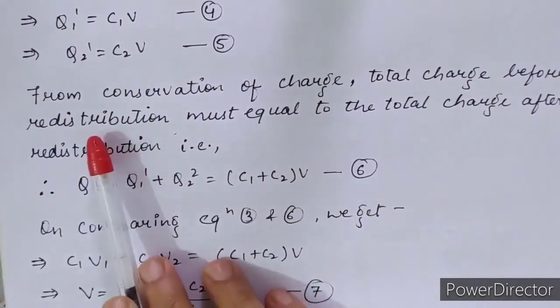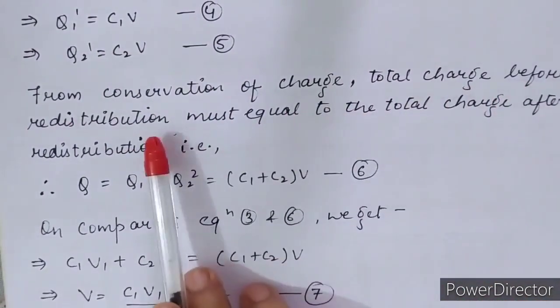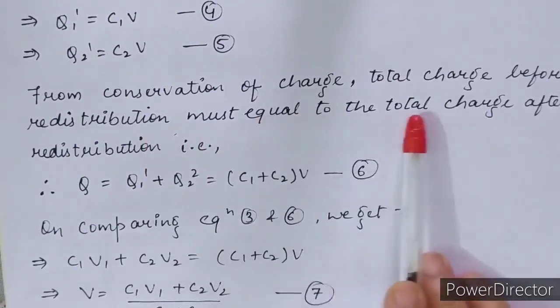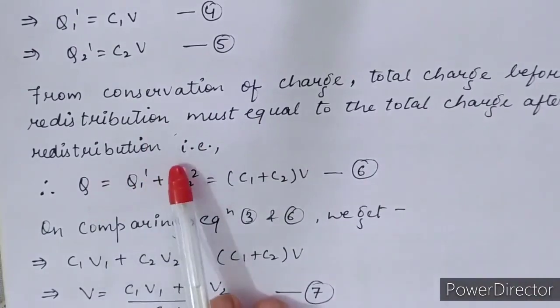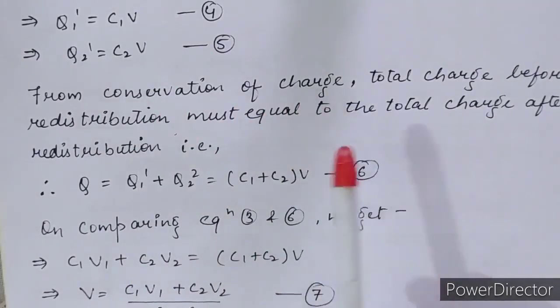Now, from conservation of charge, the total charge before redistribution must equal the total charge after redistribution. Initially it will be equal to the final due to conservation of charge.